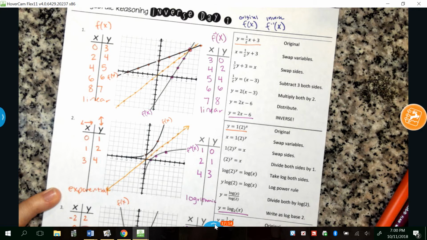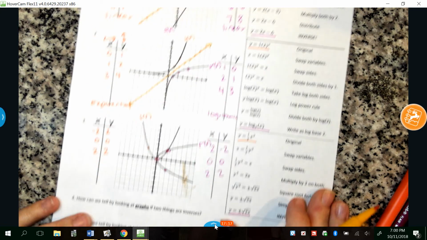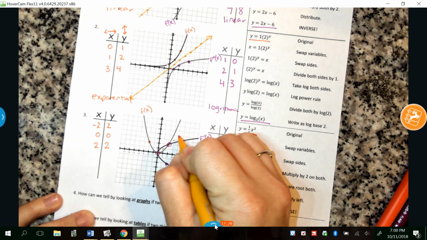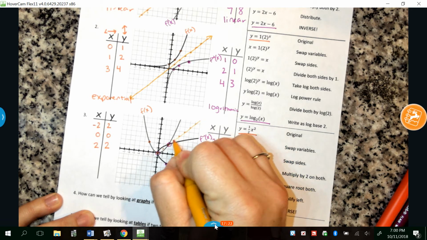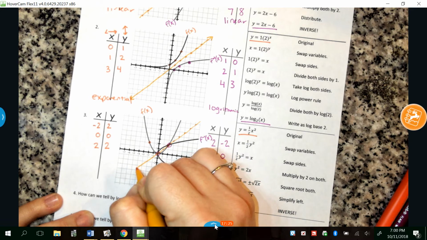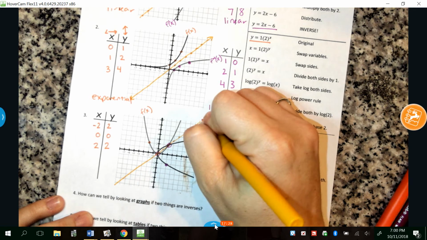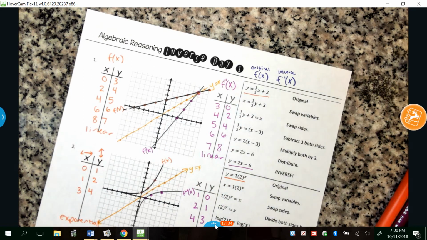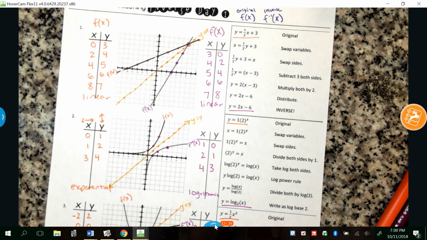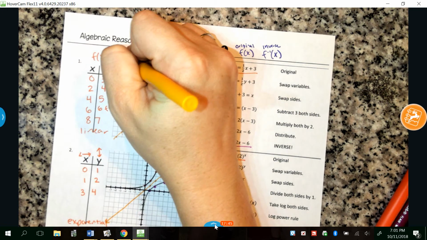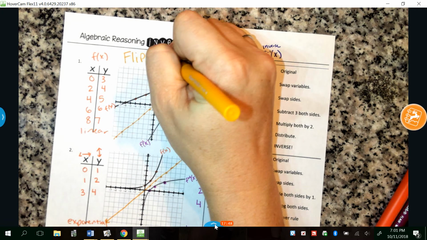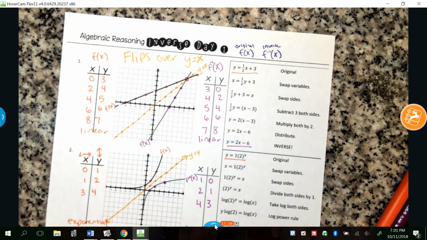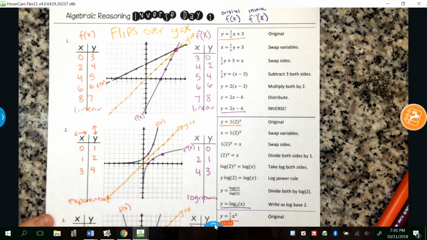And if you notice, the points that don't change are the ones that land on our y equals x line. I do want y'all to graph that. On all your graphs, I want you to go through and graph the y equals x. Okay, it flips over y equals x.